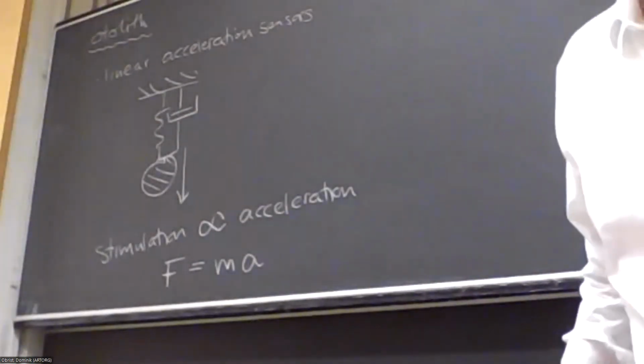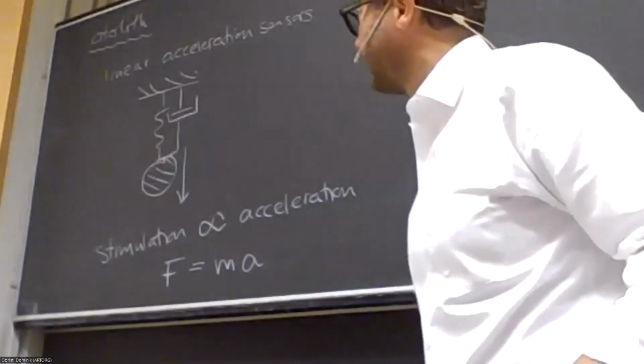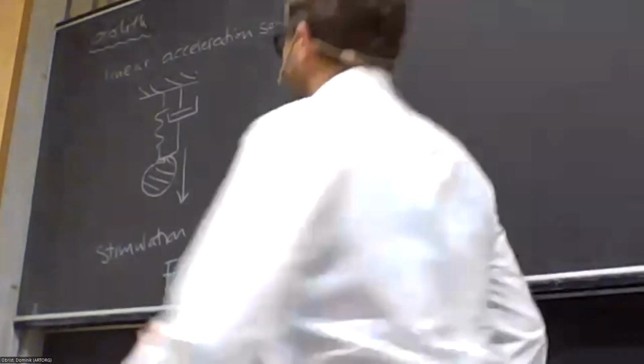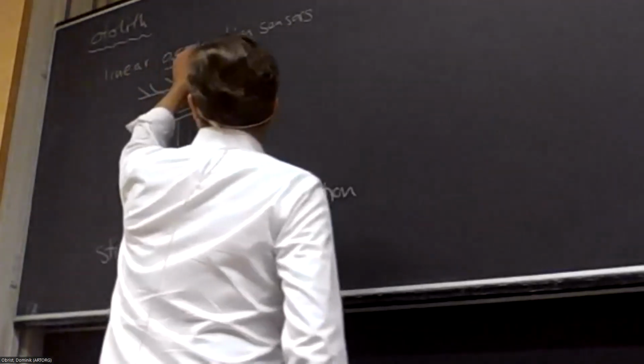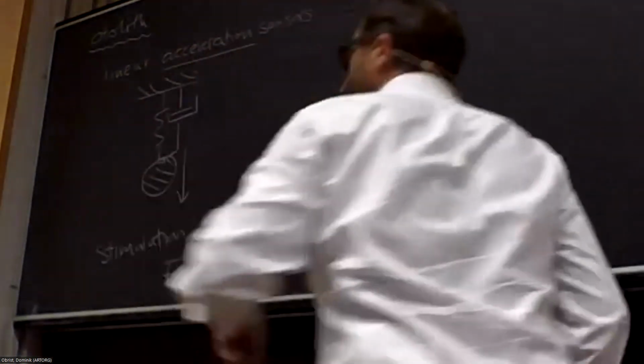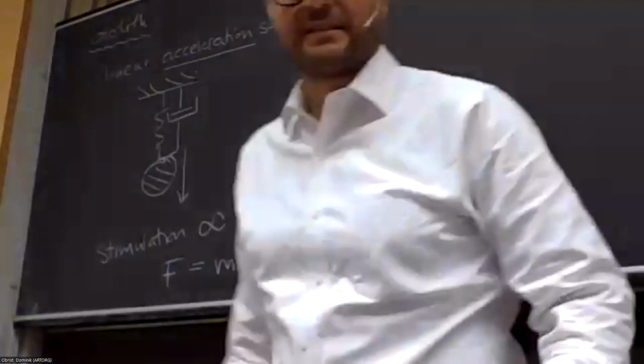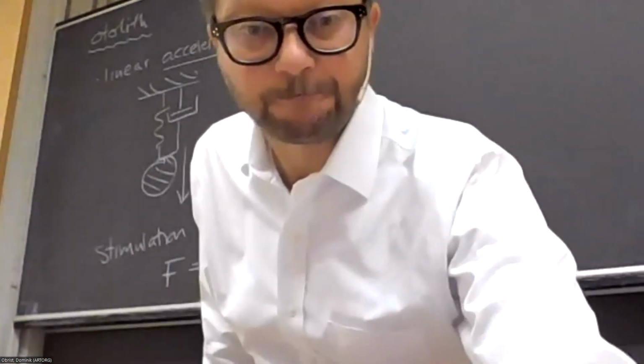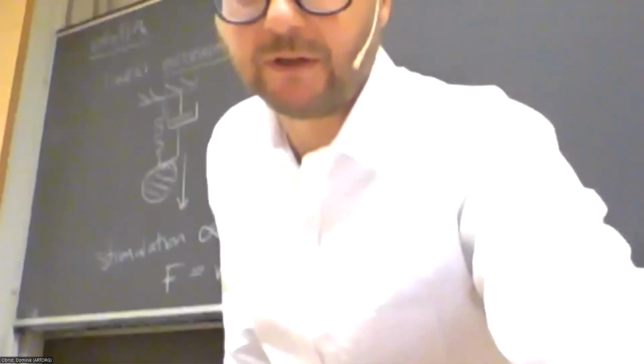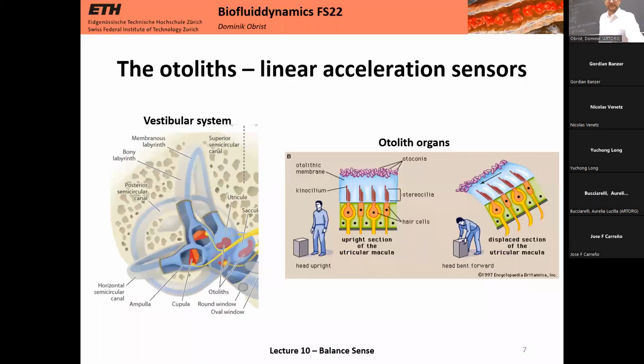So this thing here measures acceleration, and you see why I'm stressing this word so much. Maybe even underline it, because we'll see that the other sensors are velocity sensors and not acceleration sensors, but we'll come to that. So much for the otolith organs.